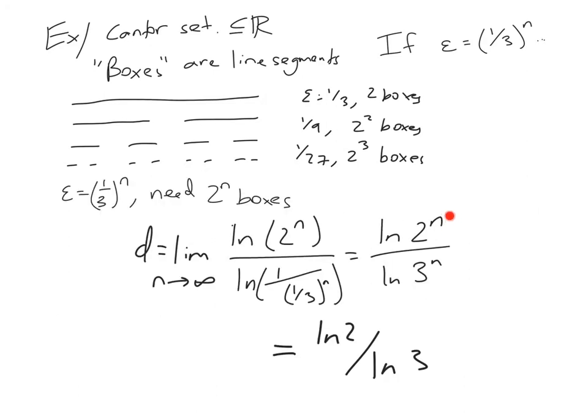We can bring out the n's, and they cancel, so we actually don't need to take the limit, and we get the natural log of 2 over the natural log of 3. This is the same dimension that we got through our self-similarity measurement, so this box dimension definition for this example is consistent with our previous notion of dimension.